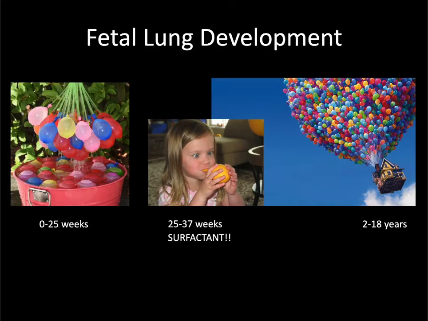So during fetal lung development, the lungs are basically glandular sacs from 0 to 25 weeks. They're filled with fluid. And the airways start to canalize, and the pulmonary capillaries start to arise around 25 weeks. And after 25 weeks, the alveoli start to develop, and we start to produce surfactant.